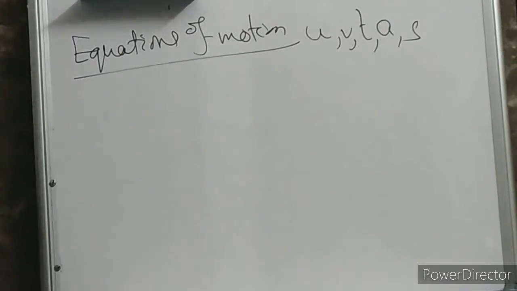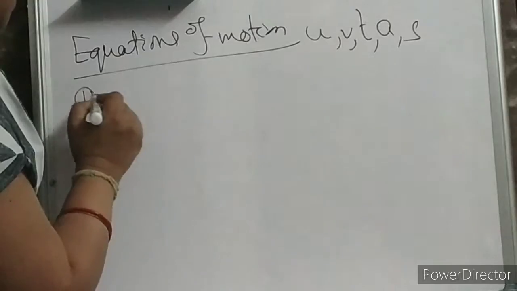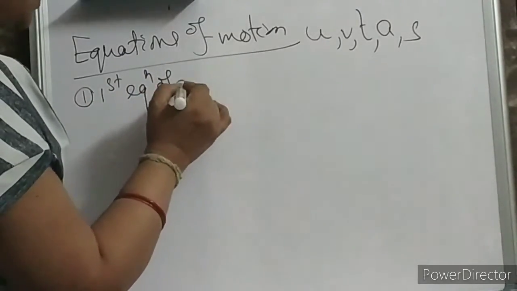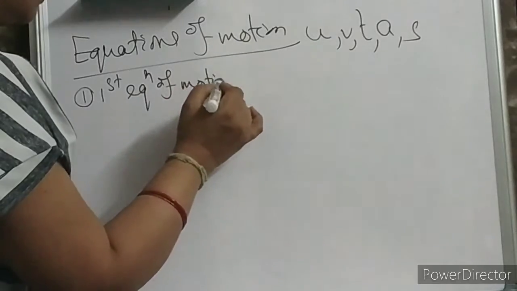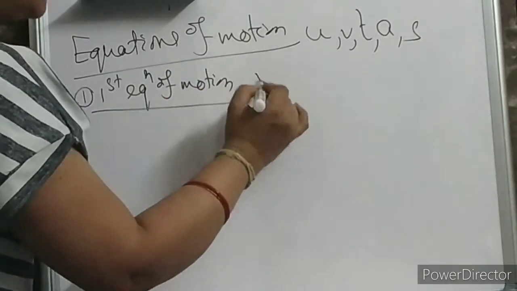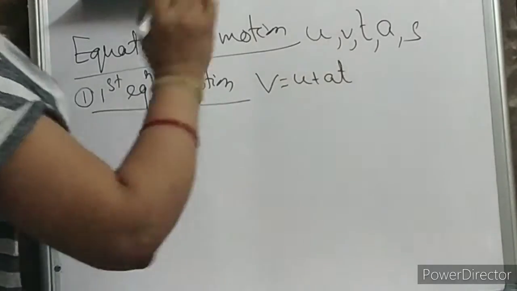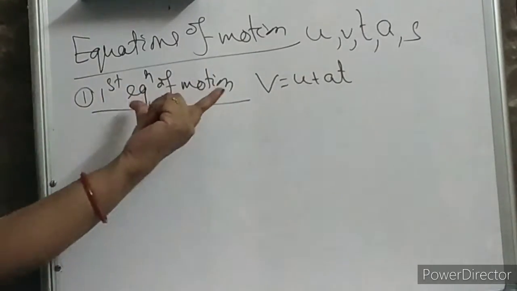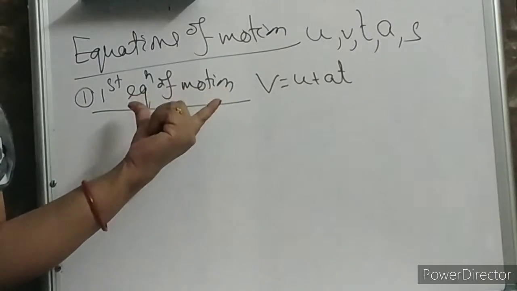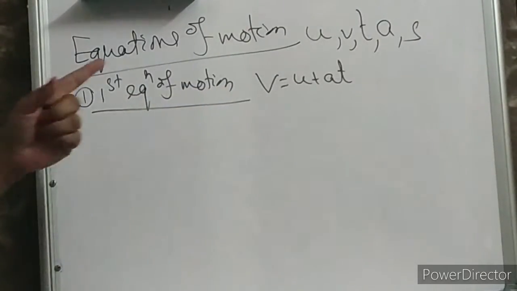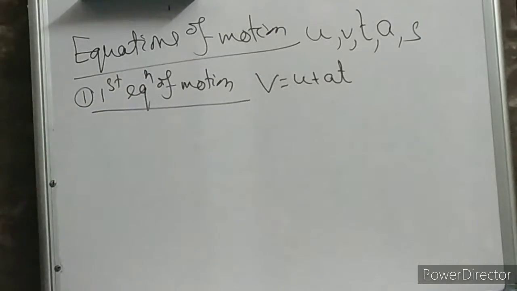Let us discuss the first equation of motion. What is this equation? This equation is v = u + at. And why are we studying this? How is it helping us? It gives the velocity acquired by a body in time t.